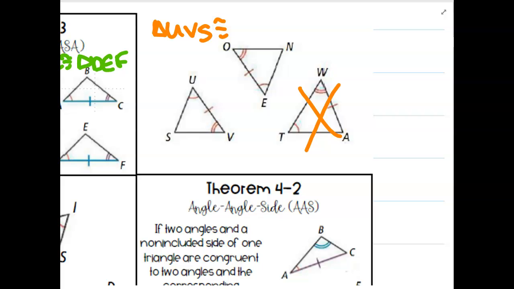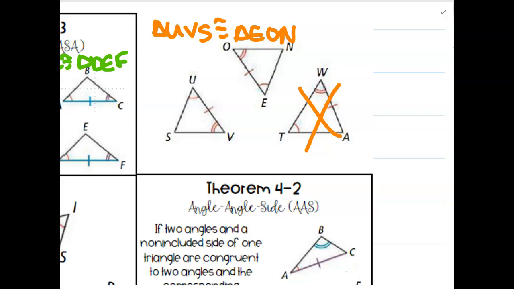But how you name the first triangle does determine how you name the second triangle. Angle U is congruent to angle E, so E has to come first in my name. Angle V is congruent to angle O, so that needs to be the second letter, and then the N will be last. So how you name them is really important, okay?